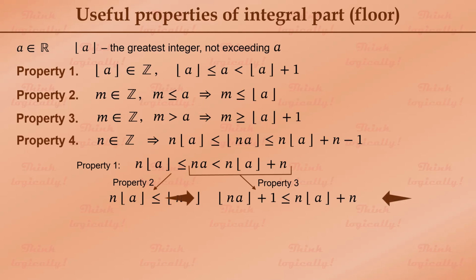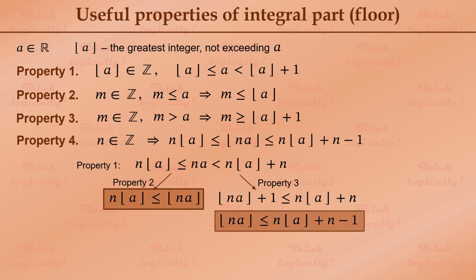Therefore, the integral part of n times a plus 1 is no more than n times the integral part of a plus n. After subtracting 1 from both hand sides of the obtained inequality, we get another inequality containing integral part of n times a. By merging the obtained inequalities for the integral part of n times a, we get the double inequality claimed by property 4 and complete the proof of the property.